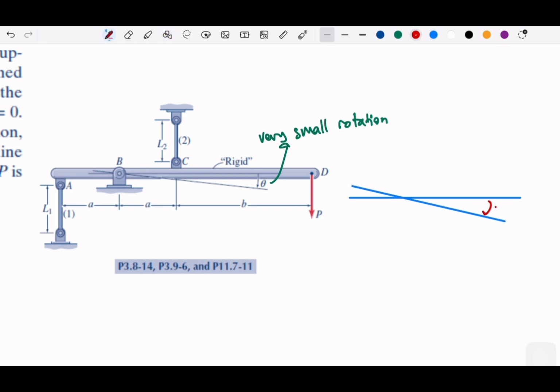So let's suppose that this is theta, and suppose this is the length, up until here, this is A. So this is another A, maybe up until there.